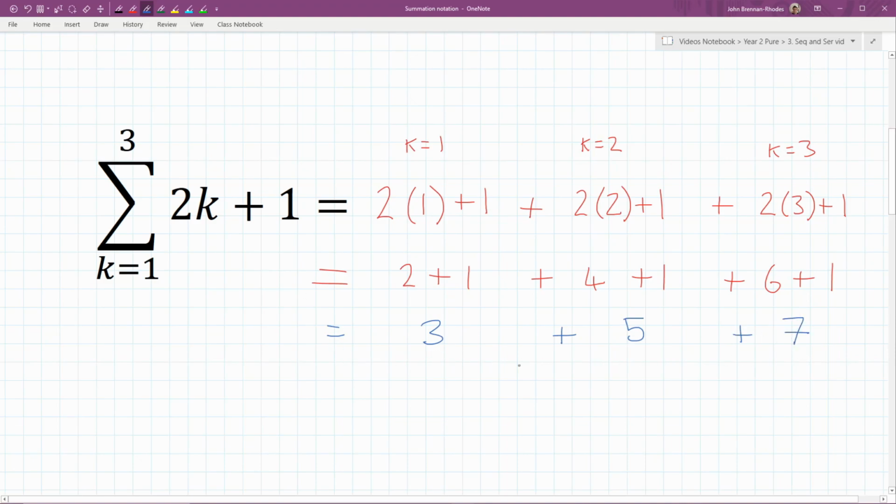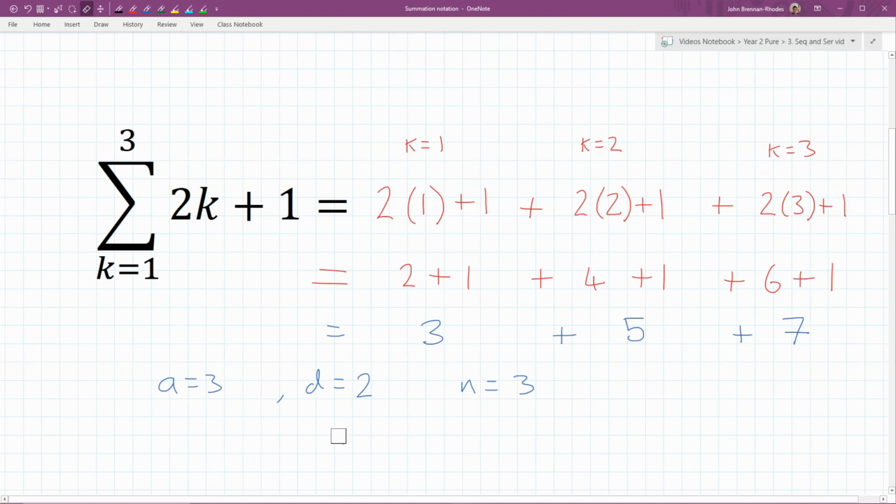This is an arithmetic sequence with a equals 3 and d equal to 2, and n is equal to 3, the first 3 terms. We could have worked out the sum of the first few terms using a formula. So you can see this really is a similar thing. We would end up with the same result. You're kind of rewriting it.